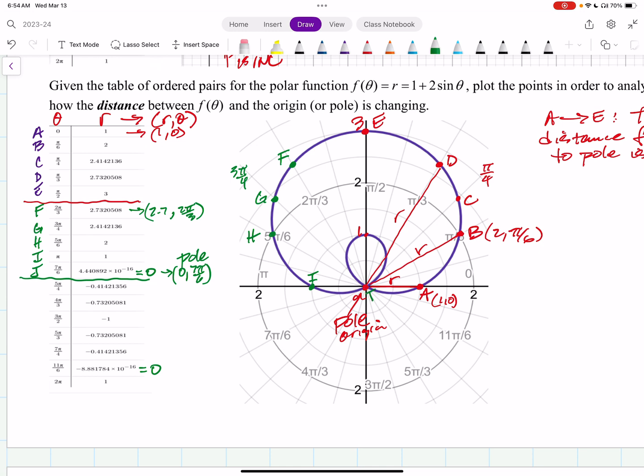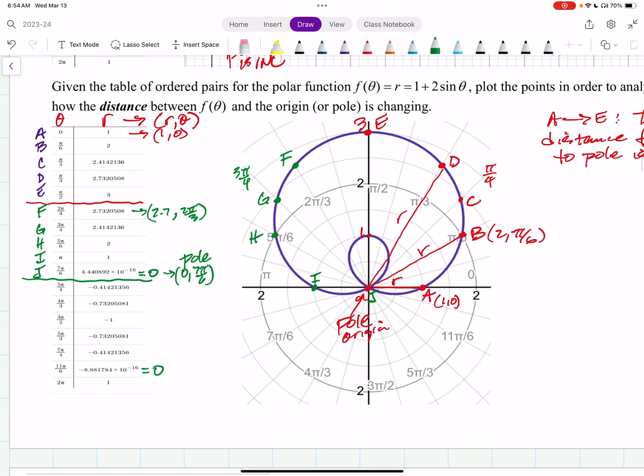So let me squeeze it in here. There we go. All right, so what's going on with the distance from the point to the pole? So from E to J, you're going this way, in a counterclockwise direction. From E to the pole, at E you're at max distance away.